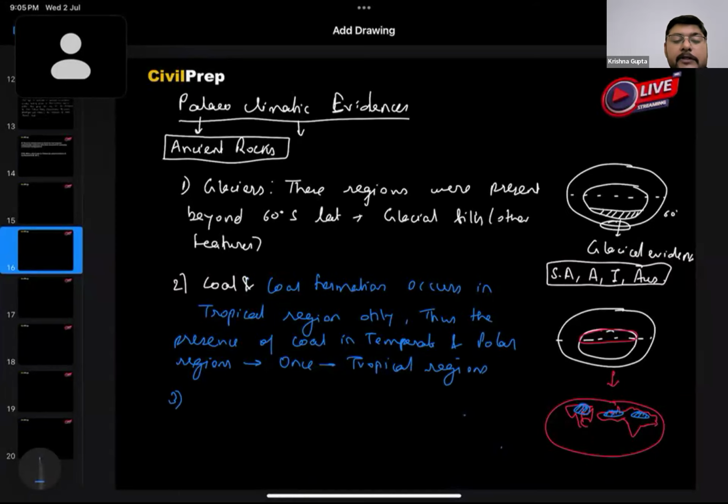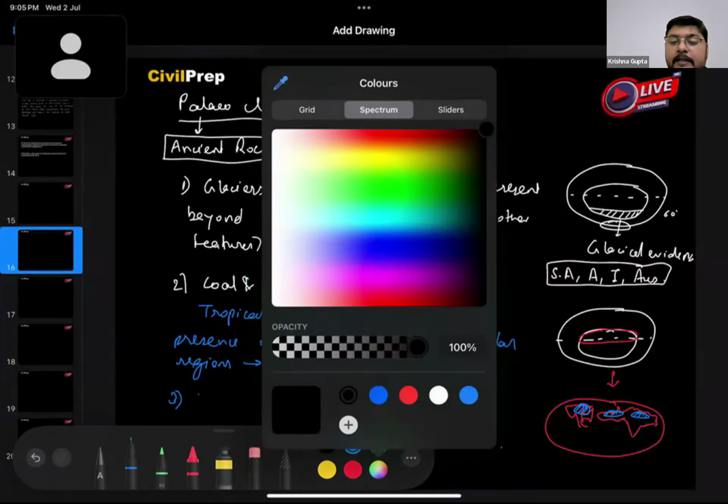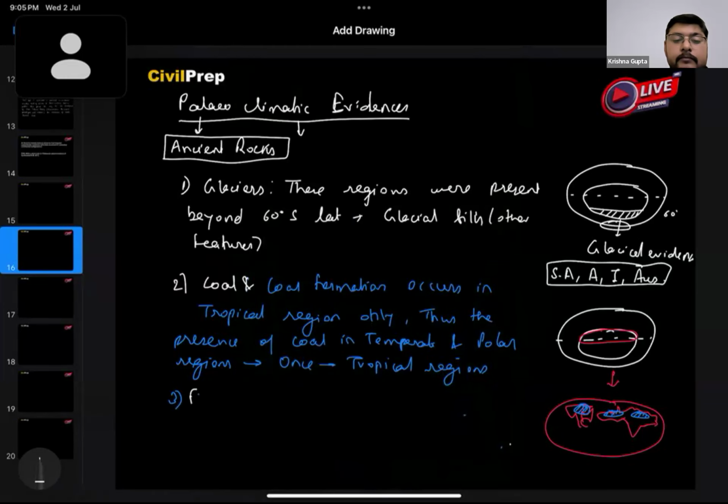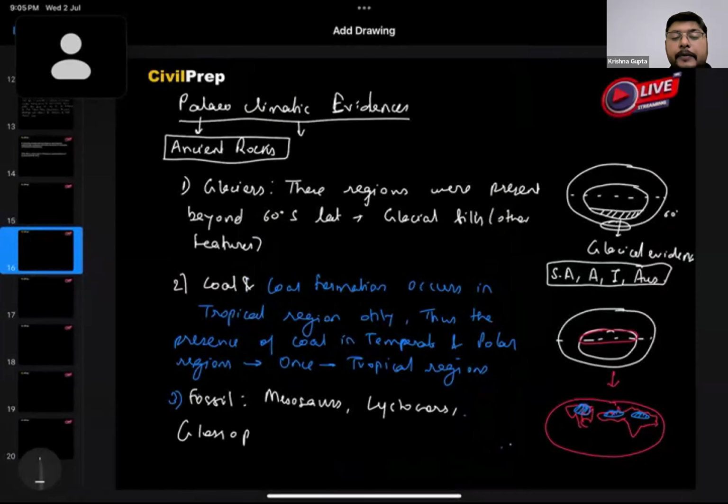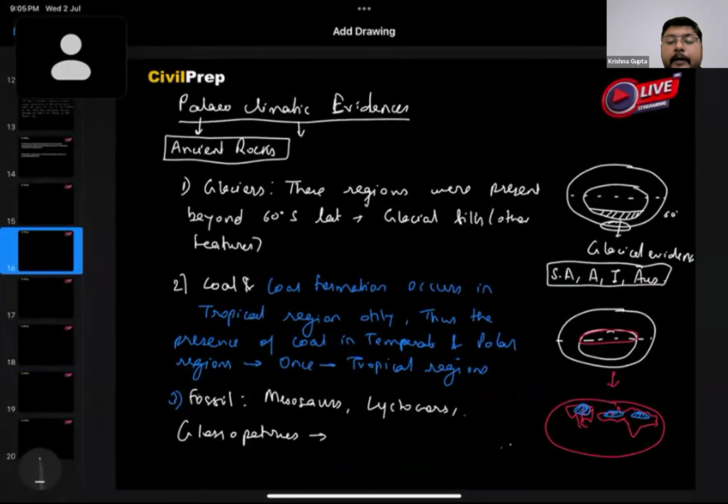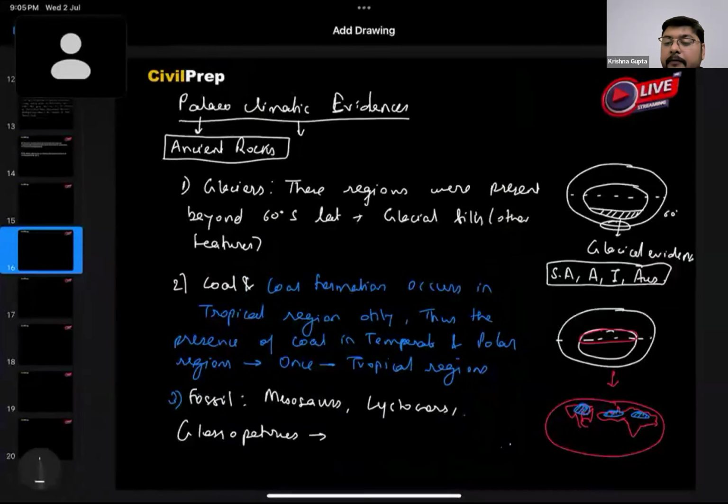Apart from this, we also have certain fossil evidences. Under the fossil part, we'll be seeing that certain fossils of mesosaurs, lystrosaurs, glossopteris are found in the region of South America, Africa, India, Australia, and also Antarctica.